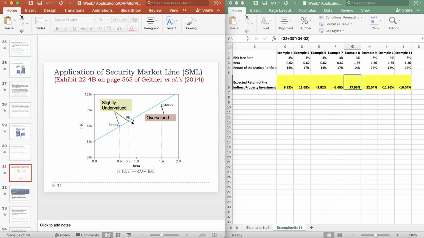So when an investment's estimated return based on cash flows is higher than its fair return, it implies that this investment is undervalued in the market. It also means you can buy it cheap in the market, which can give you a higher return than its fair return.